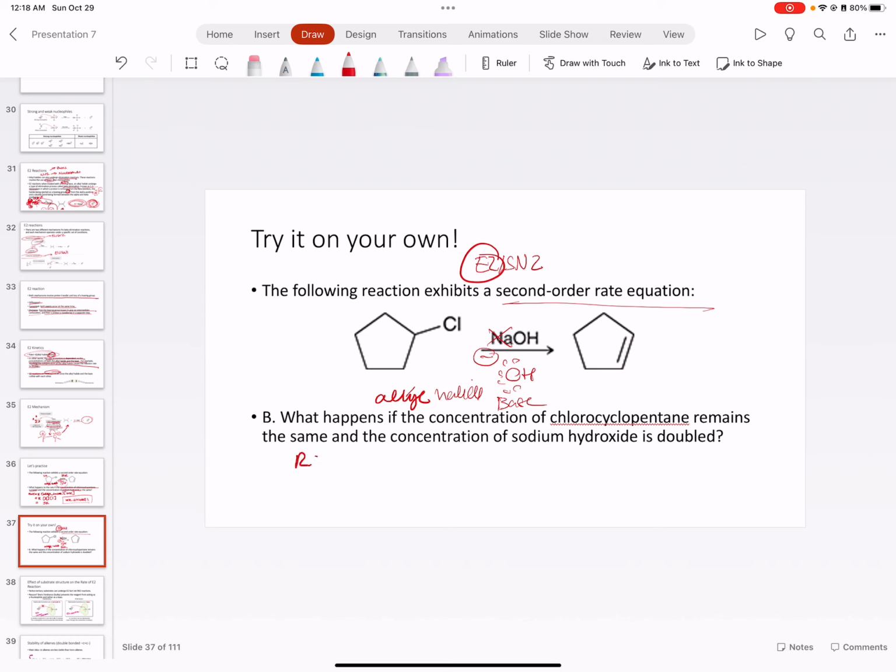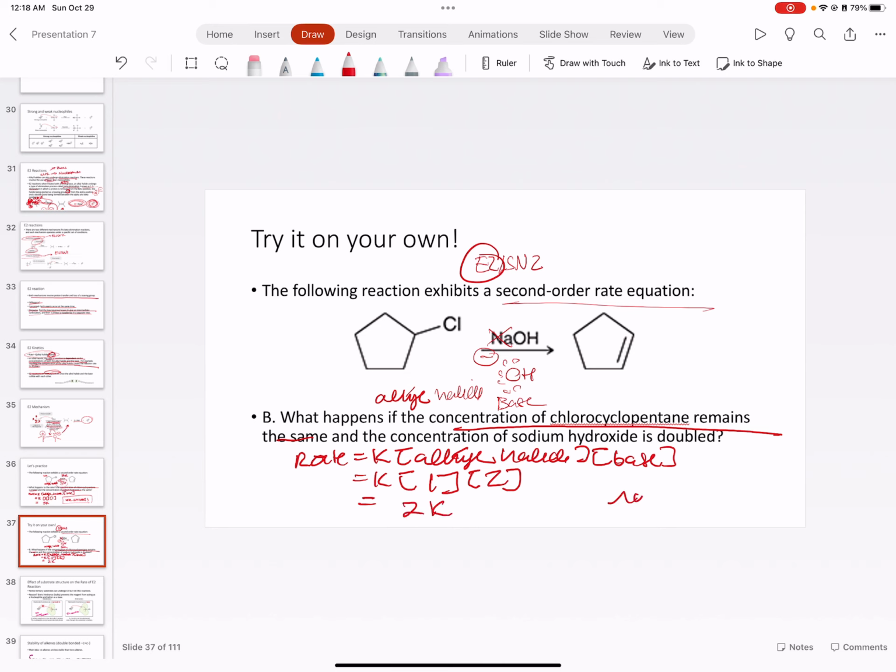So then, as we said, our rate is going to equal k times the alkyl halide times the base. Okay, so if the concentration of the chlorocyclopentane remains the same, we're just multiplying by 1, and then the concentration of sodium hydroxide is doubled, 2 times 1 is 2, times k, that means that the rate is doubled.